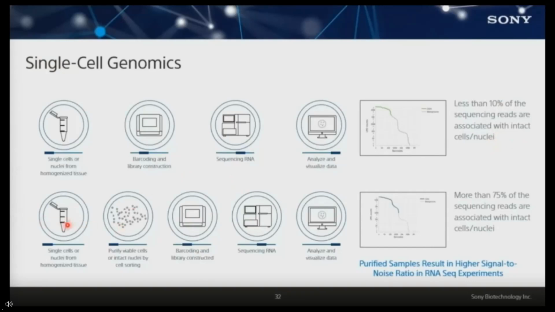But if you're able to create your single cell suspension, purify those viable cells, those intact cells, maybe those nuclei that seem to represent full intact nuclei, you then get reads that are better quality. It actually just streamlines and increases your productivity because a few of these experiments are equal to several of these less quality experiments.